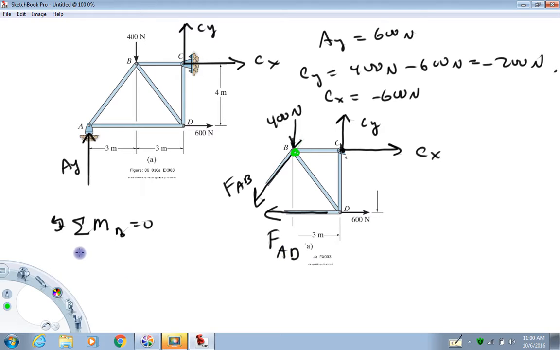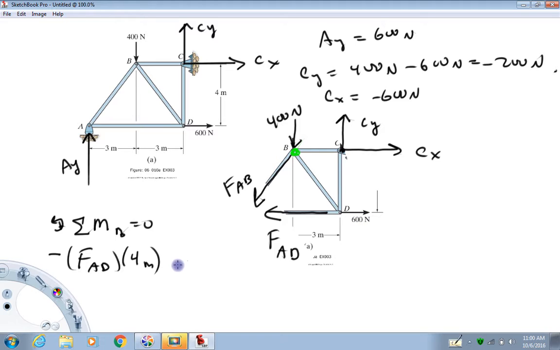So I'm going to go ahead and write that moment equation starting with this. So we're going to have force AD times, now I need this distance, which I'm going to get from right here, 4 meters. And that moment is negative because this force makes this structure want to rotate clockwise about this point. That's a negative moment.